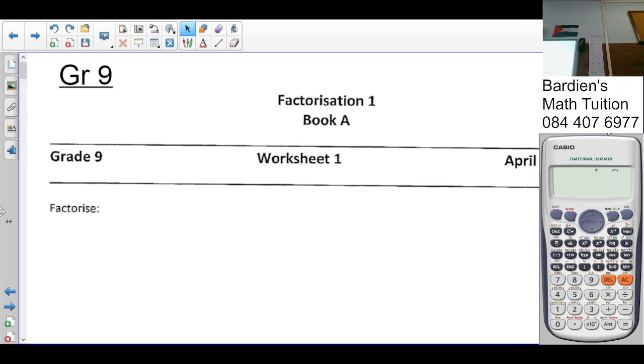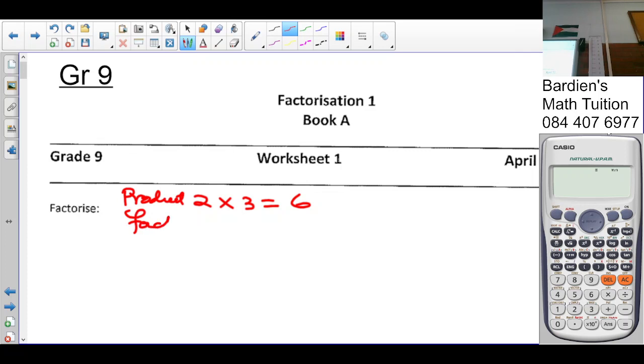So if you're looking at 2 times 3, what is 2 times 3? It's 6. So this is the product. If they ask you to find the product of 2 and 3, it's 6. If they ask you to find the factors of 6, what were the factors of 6? 2 and 3.